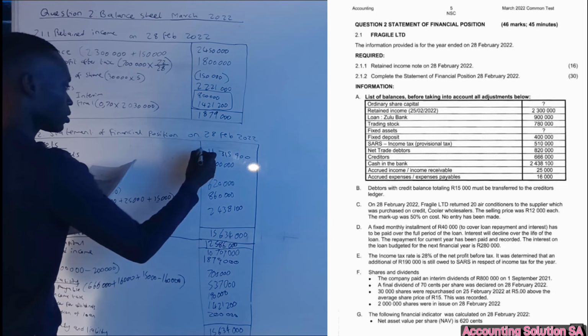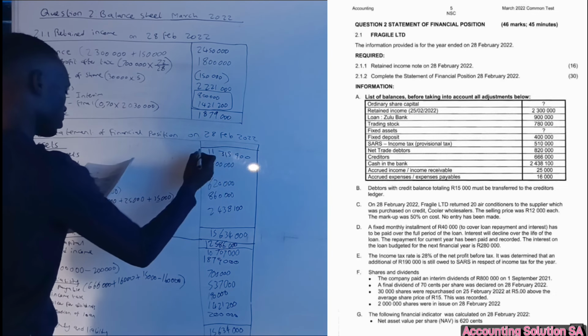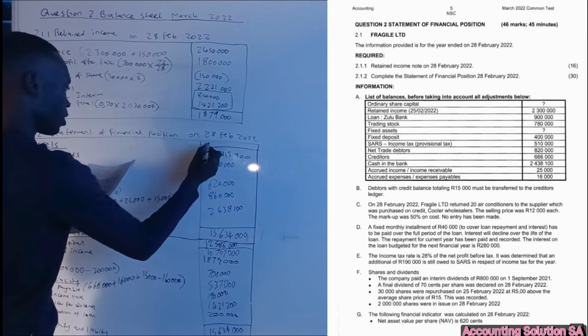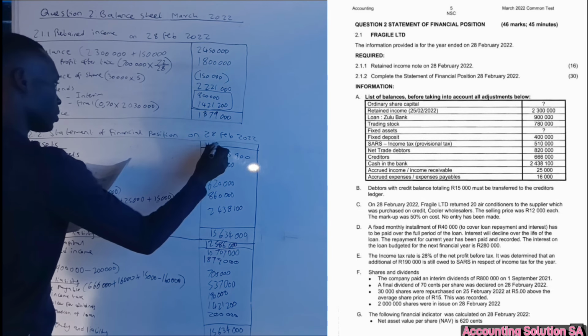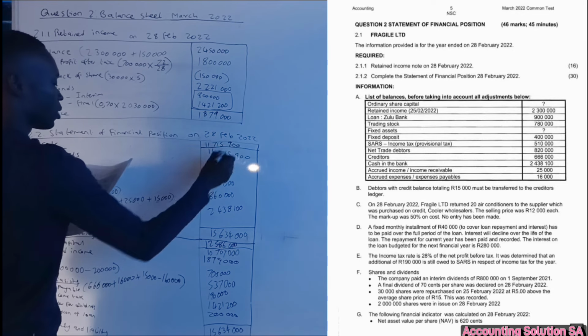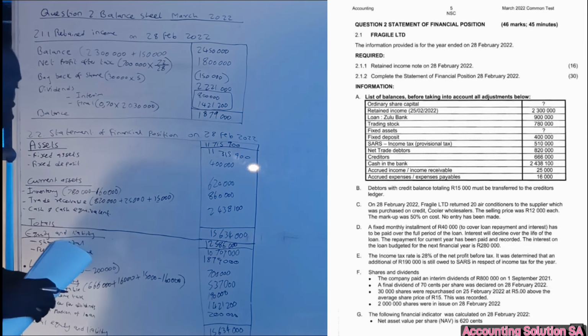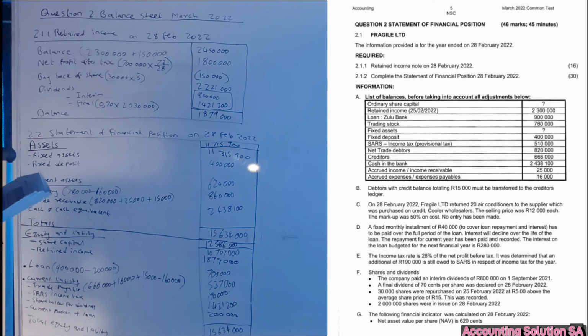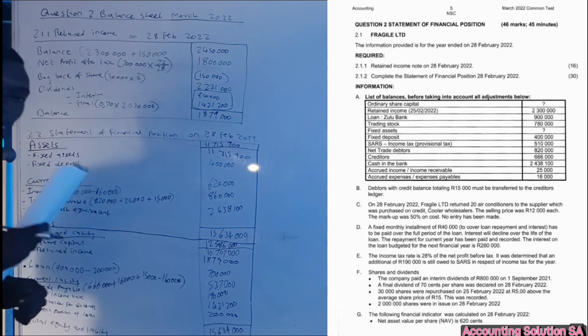Then total non-current assets, I mean, it's going to give you 11,715,900. So this is how you should complete a balance sheet.